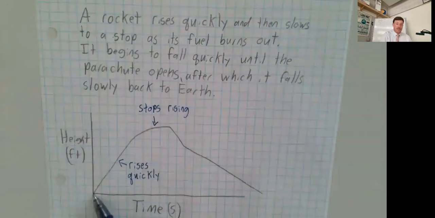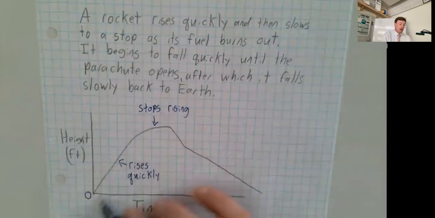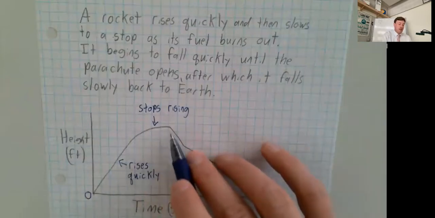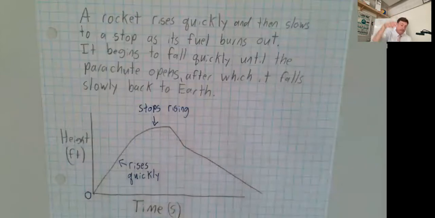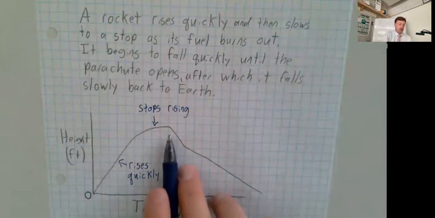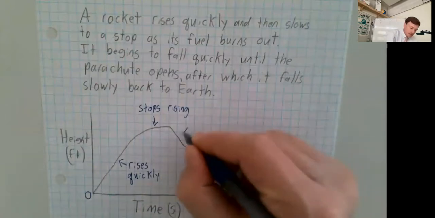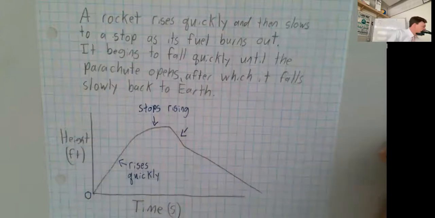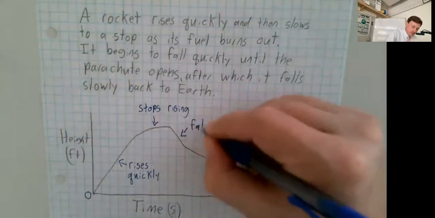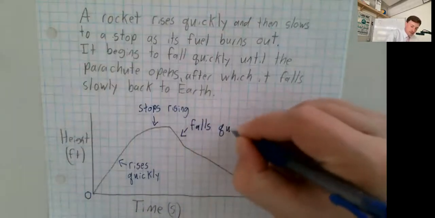We could think that this point right here is Earth, represented as 0, like 0 feet, going up, stopping for a moment. Now it's starting to go back towards the earth, losing elevation, losing its height. So that's why we have a negative slope here. And we're going to say that this falls quickly.